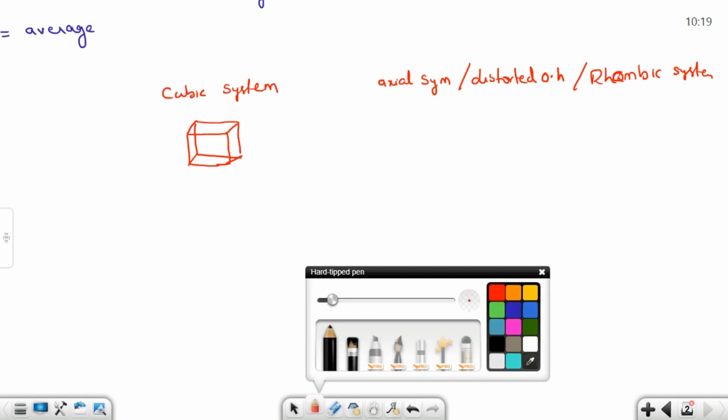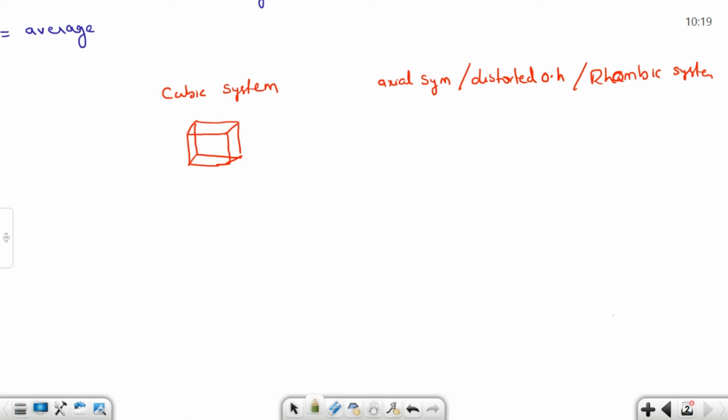In the case of a perfect cubic system, whatever the G value is, the G value in the x direction is equal to the G value in the y direction, which is equal to the G value in the z direction. That means in all directions the G value is equal.